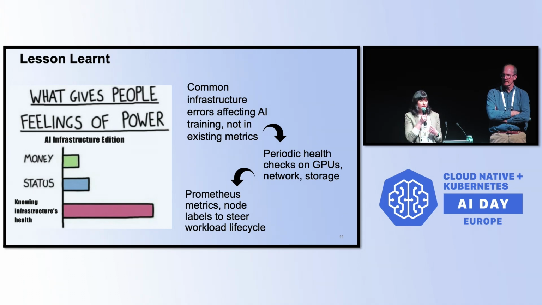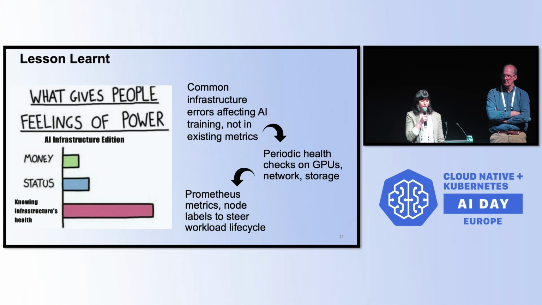And this isn't just about GPUs, it's also about network and storage. Once you know which tests you want to run and how to run them, of course you want to see the results of those health checks, and you want to see them through Prometheus metrics. That's the best way to show metrics on Kubernetes systems.